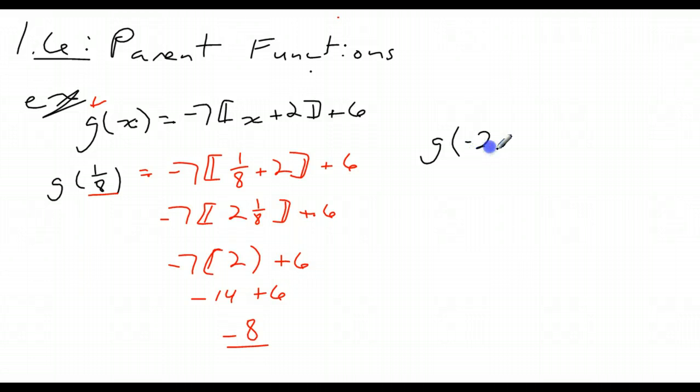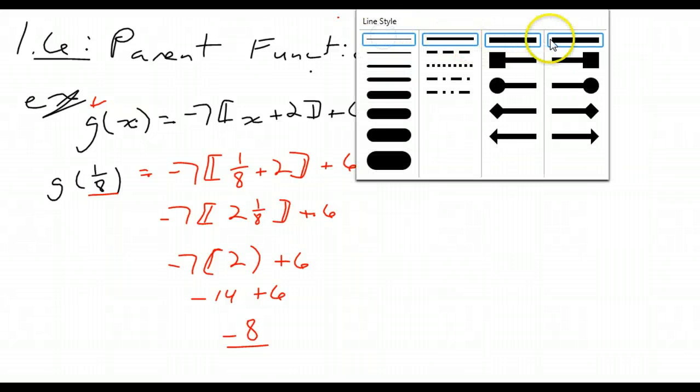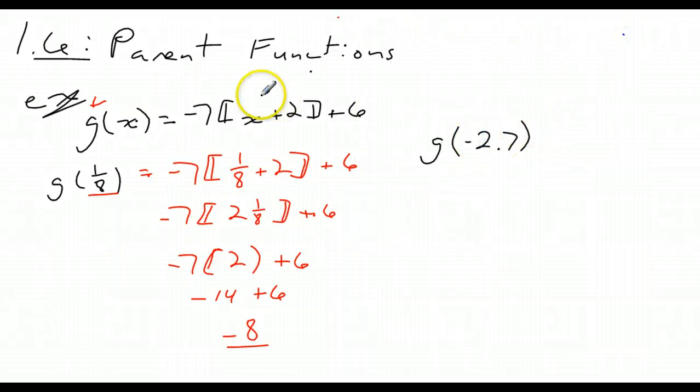negative 2.7. Right, again, I'm going to go to my function, and I'm going to plug in negative 2.7 where I see an x for g. So negative 7, greatest integer of negative 2.7 plus 2, greatest integer plus 6.